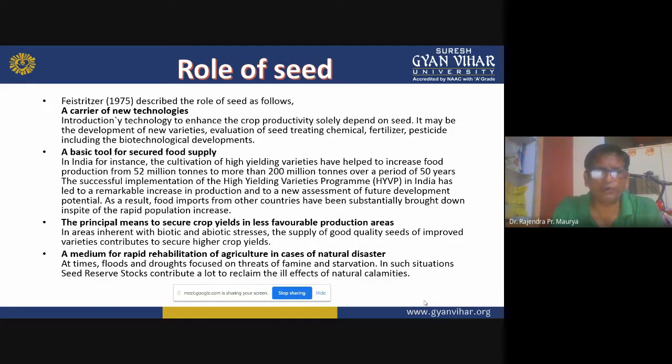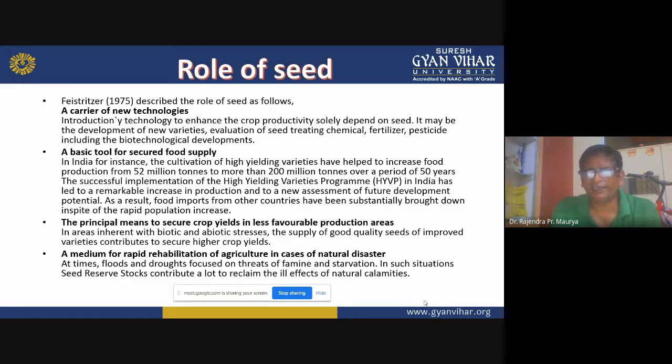A basic tool for secured food supply in India, for instance, the cultivation of high-yielding varieties has helped to increase food production from 52 million tons to more than 200 million tons over a period of 50 years.